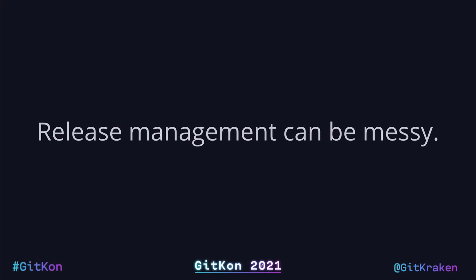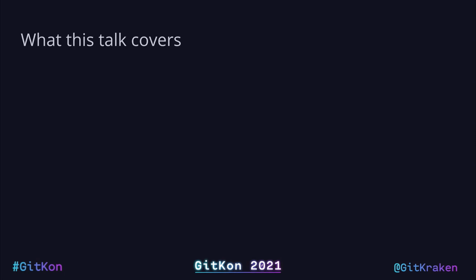If you don't have a reliable way to do this, then down the line, 6 months from now, when you're looking at what a release was 6 months ago, you may not understand what you actually pushed out with whatever your named release was. That's why in this talk, we're going to talk about how you can use semantic versioning along with Git tags in your Git repository to create and easily manage releases and indicate the degree of changes in your production code.